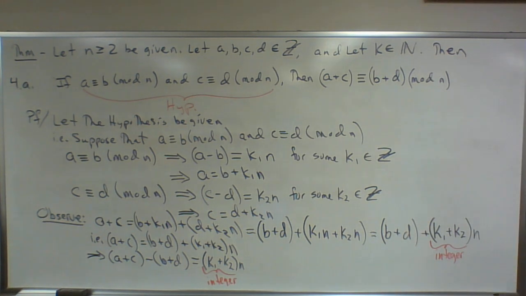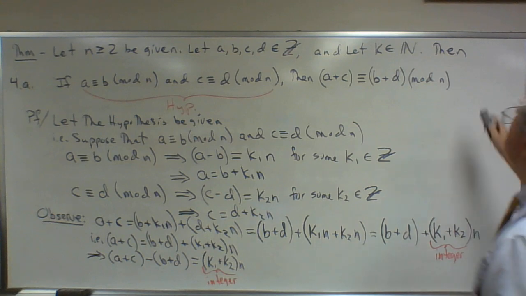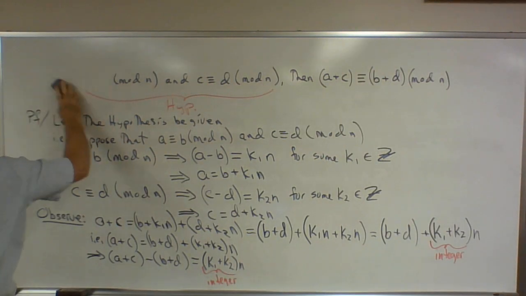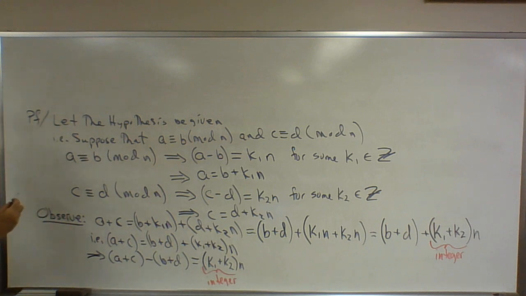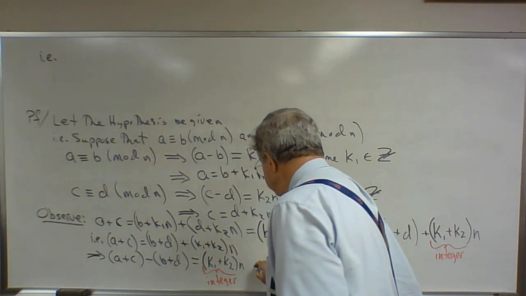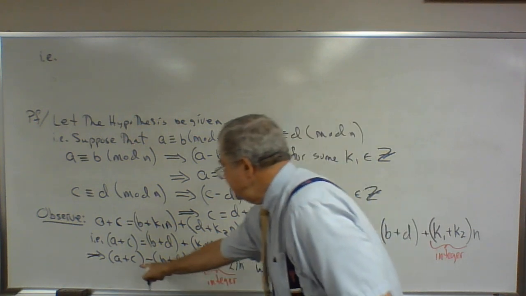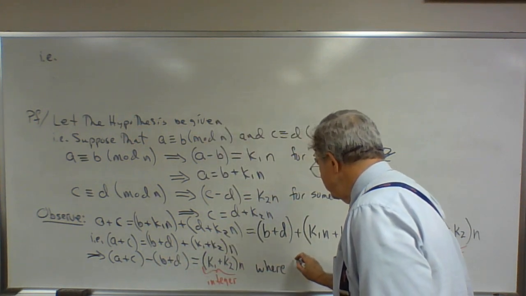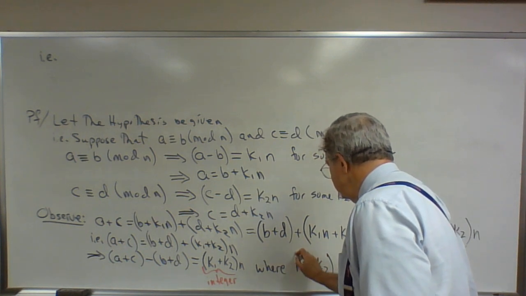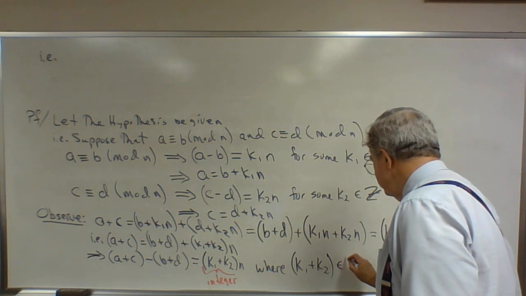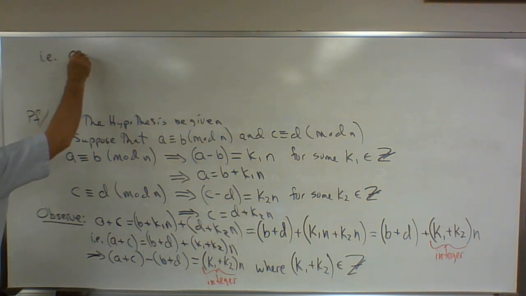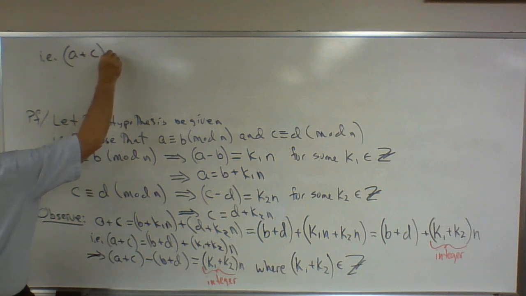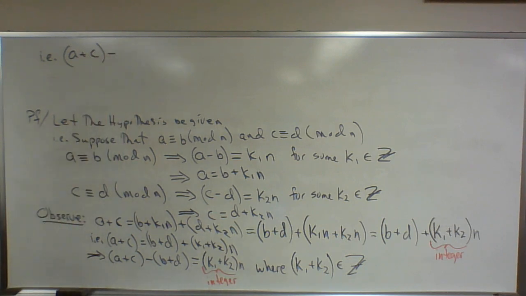Okay, I'm going to erase a little bit of the board. A plus C minus B plus D is some integer times n, so for reinforcement, I'll acknowledge that k1 plus k2 is an integer, which is all I have to show.